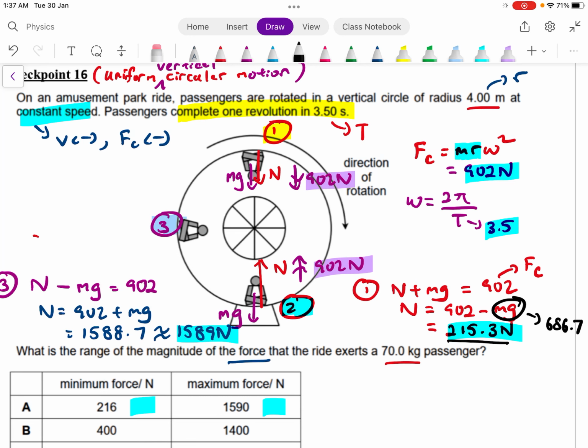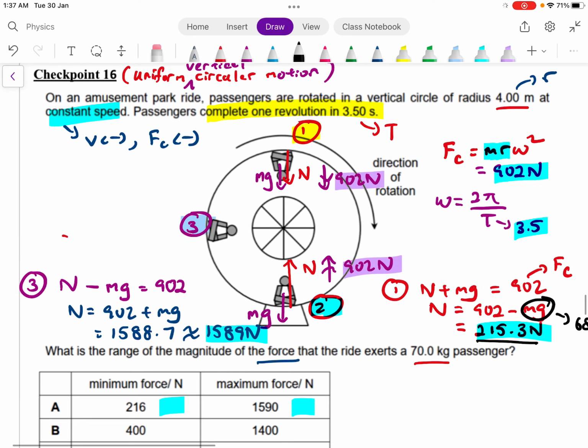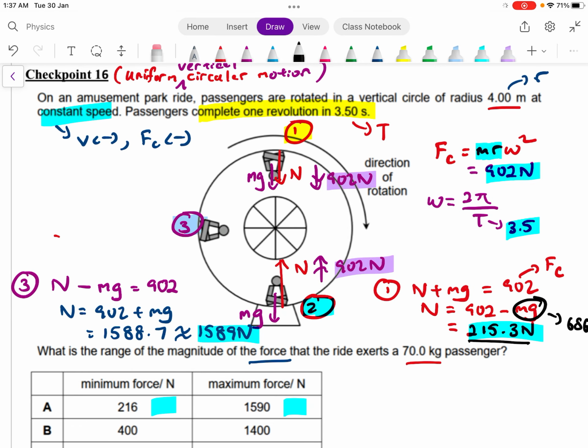So it's rather a small normal contact force. Okay, now we move on to point number 2. Point number 2 is where my normal contact force is upward and my weight is downward. So same thing, my normal contact force, N minus mg, is equal to 902.